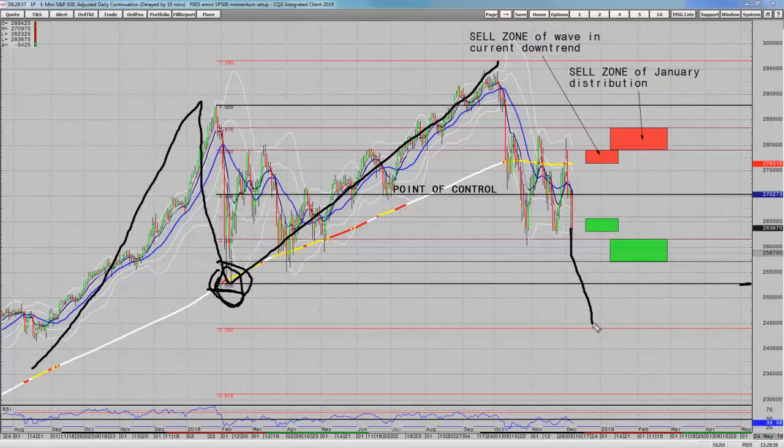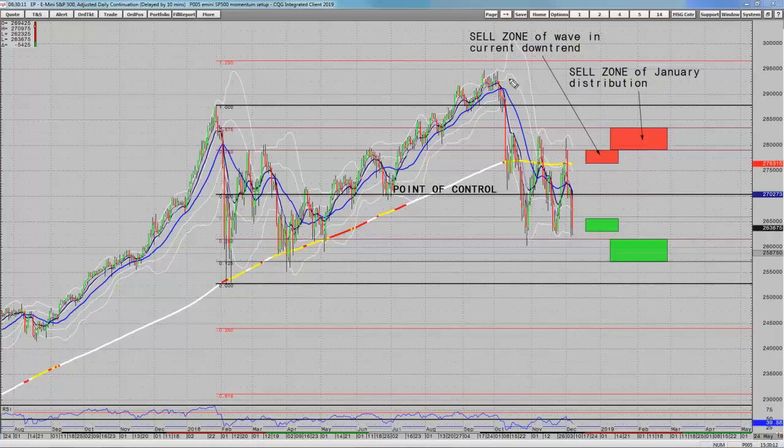And even though it could break through that low, you're often going to get a retracement before carrying on. So the people who try to get short on the break usually get into trouble on these retracements within the wave. So you're usually waiting for those retracements into the sell zones of the waves before you get too excited.